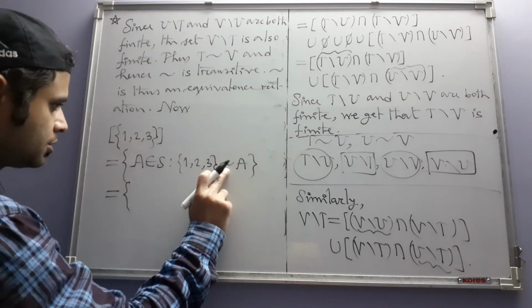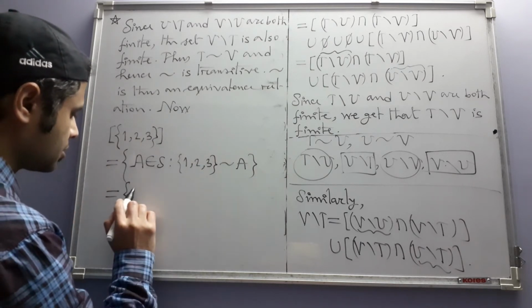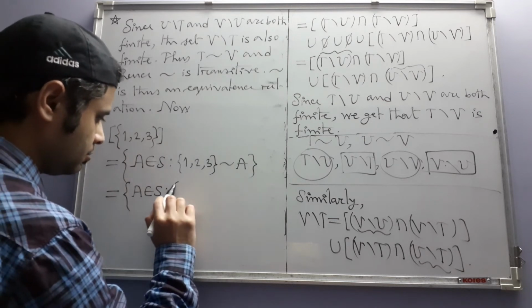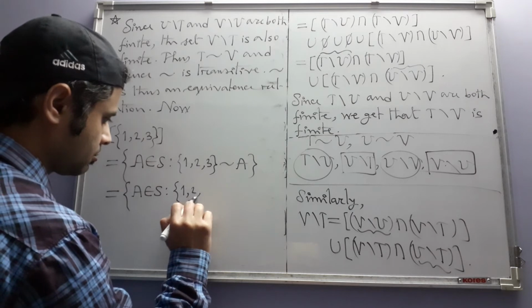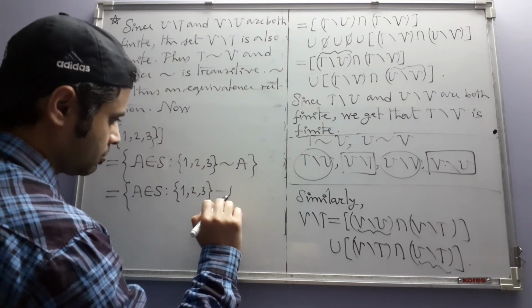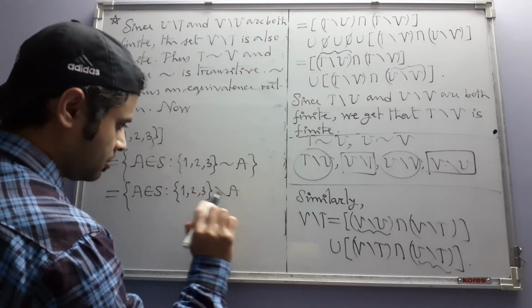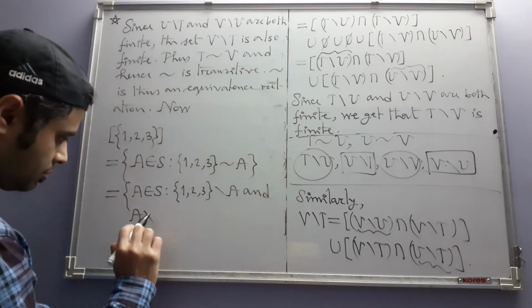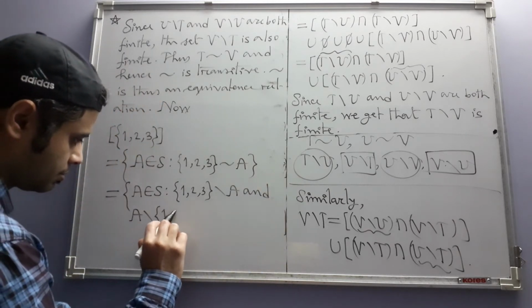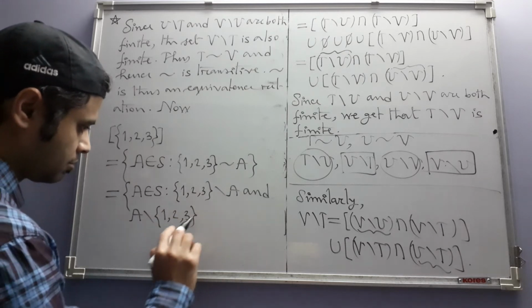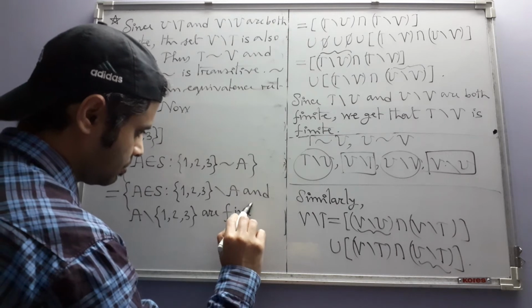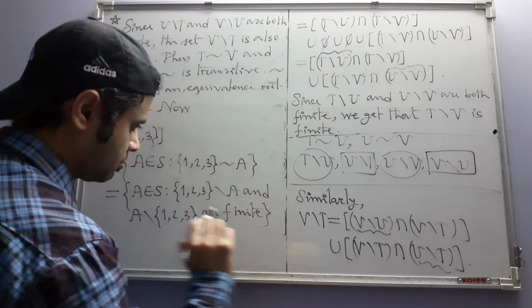Now next we use the definition of the relation itself. Difference A and A difference this are finite.